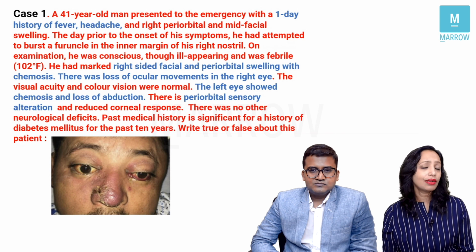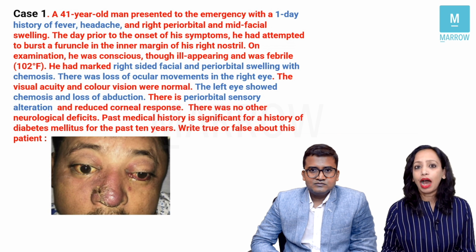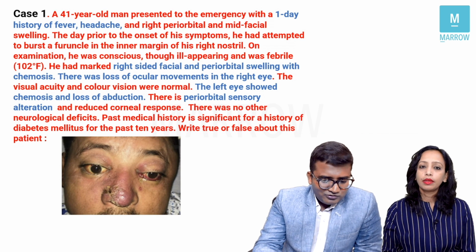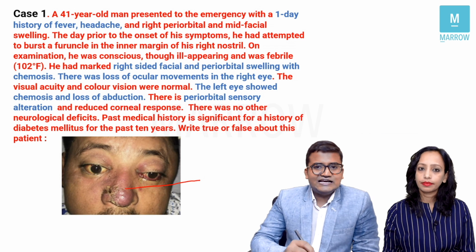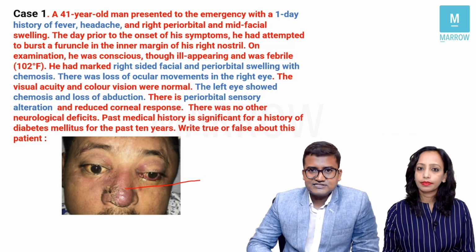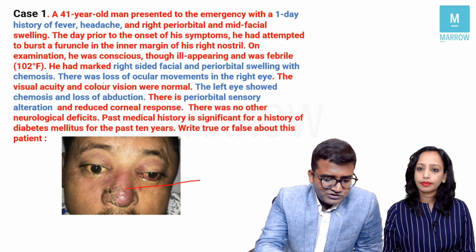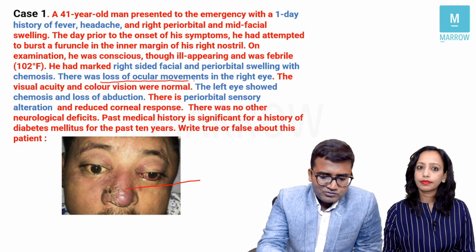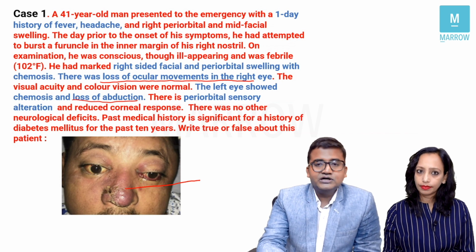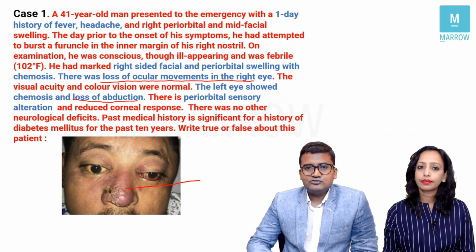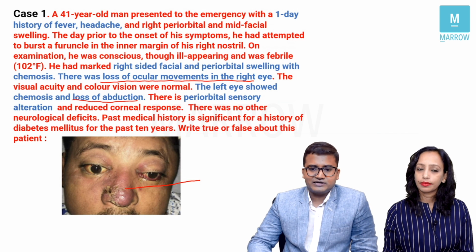So, sir, can you please tell us how this can happen? Yeah, ma'am. So now from the history, the patient is having infection in the danger area of face. And in the question, they also given that the loss of ocular movements in the right eye and there is loss of abduction, which means that third nerve, fourth nerve, and the sixth nerve is affected.